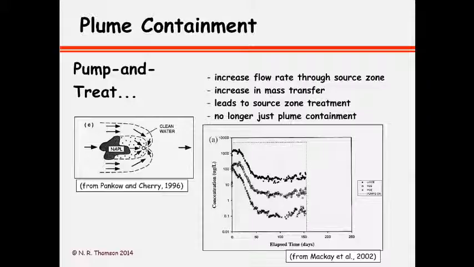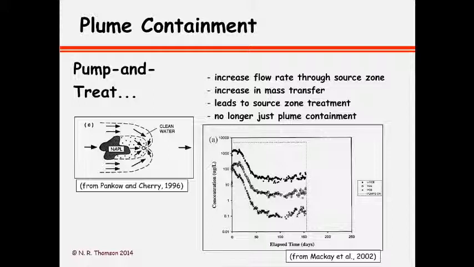Here's an example of a pilot scale experiment where the concentrations within the extraction well, comprised of cis-DCE, TCE, PCE, started off at very elevated and stationary or equilibrium levels and then quickly tailed off.